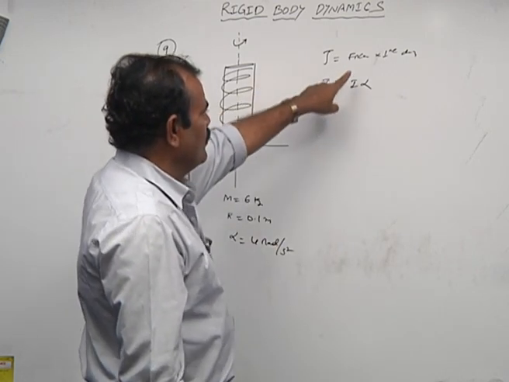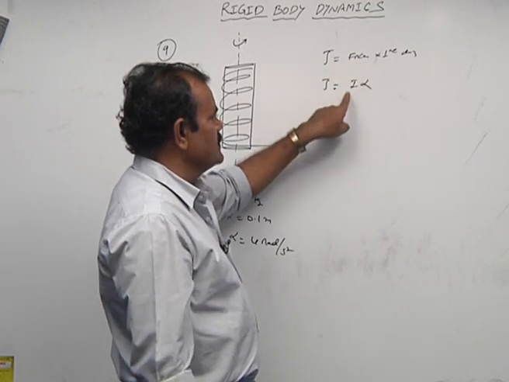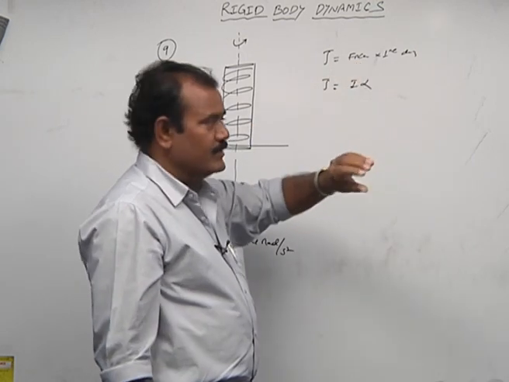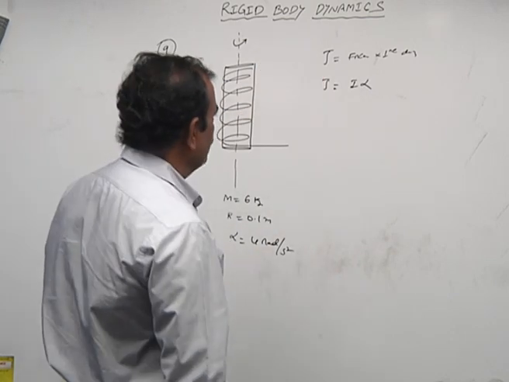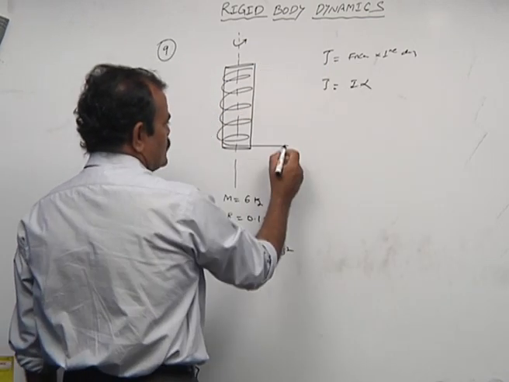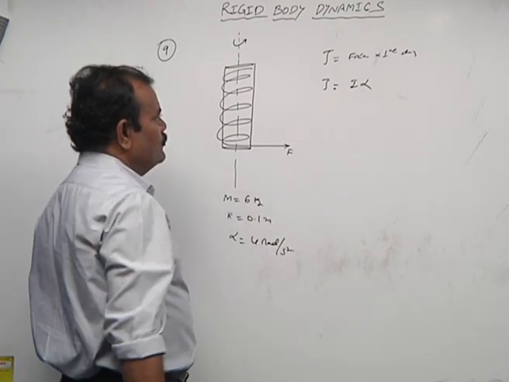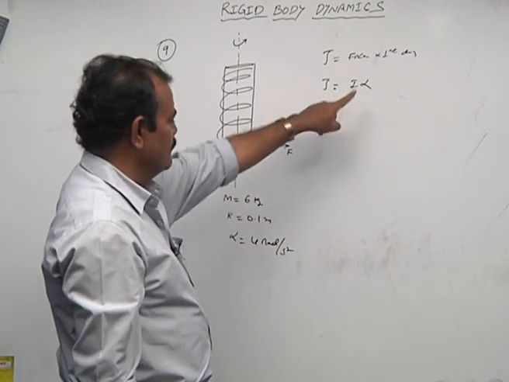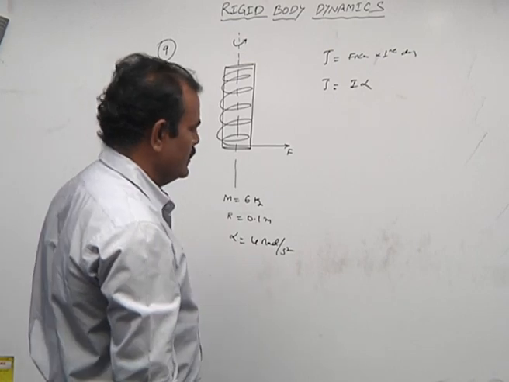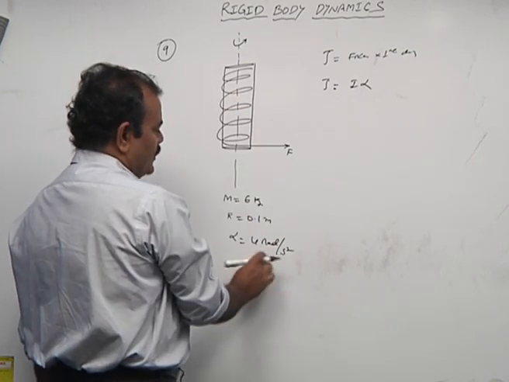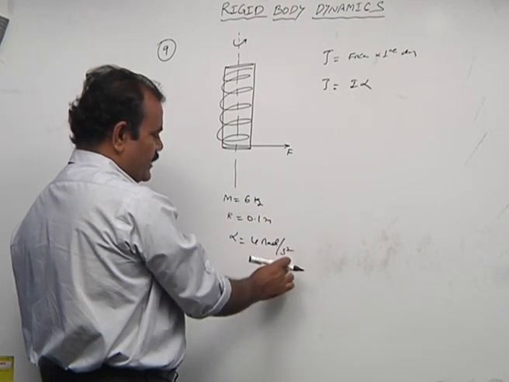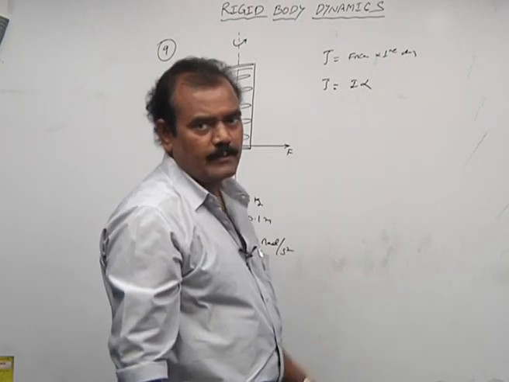When you balance force into perpendicular distance with I alpha, then whatever the question asks you to find out will come. So here also you are supposed to find out the force. What is the force to be applied to produce an angular acceleration alpha equal to 4 radians per second square? Naturally when you are pulling it, it will rotate about its natural axis.